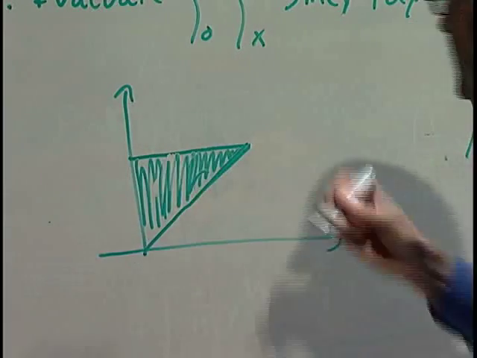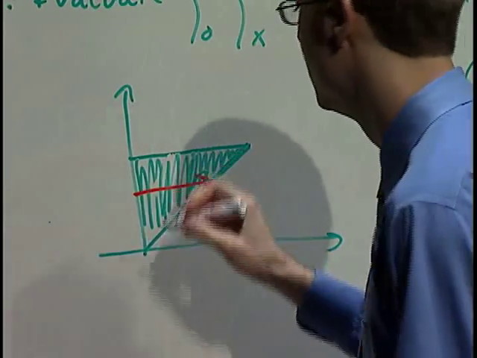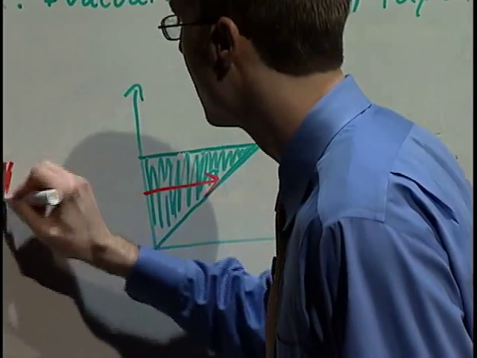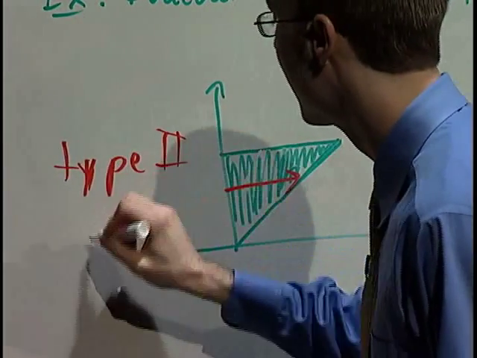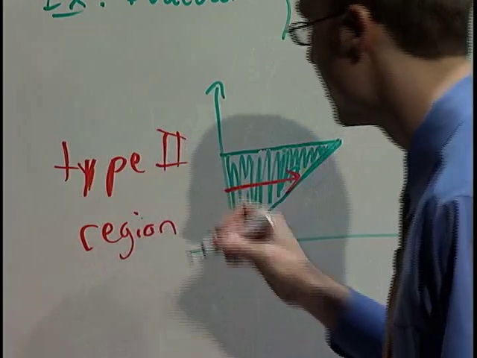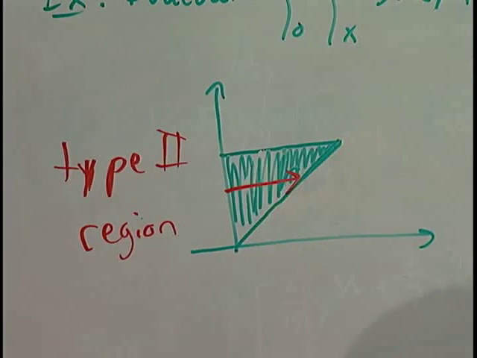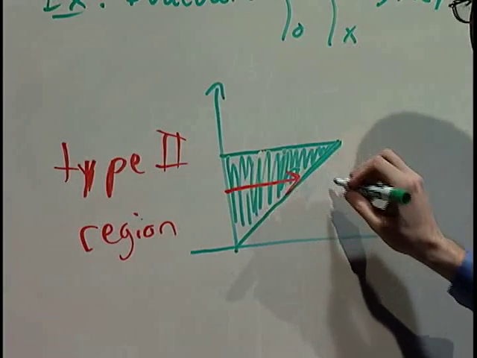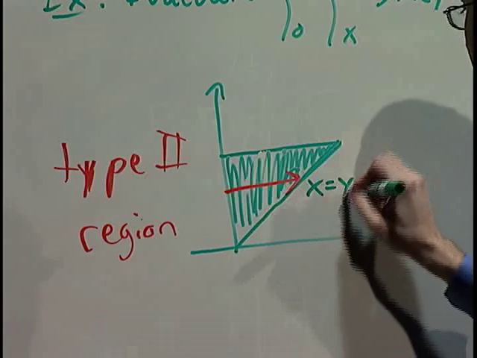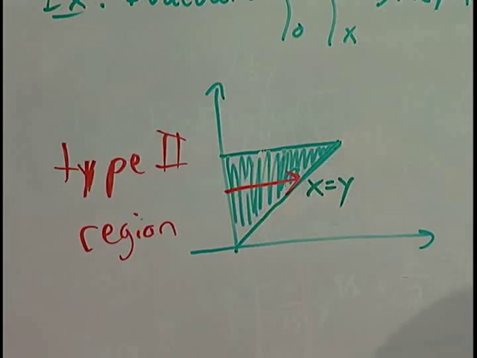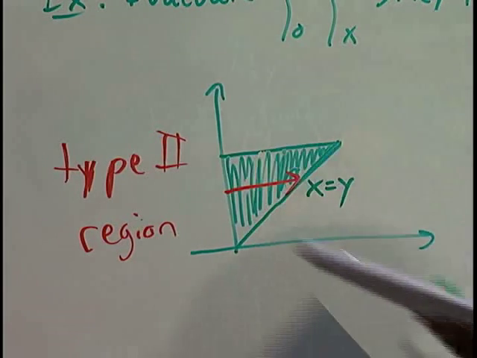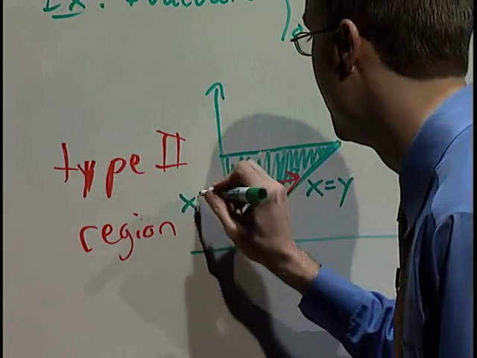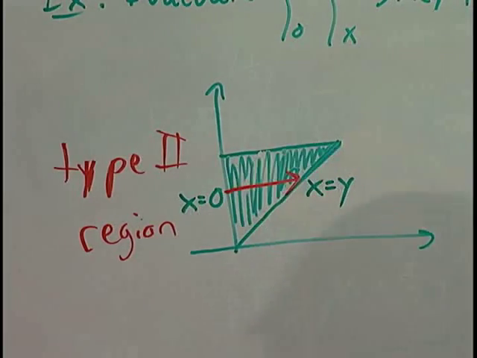So let's make this a type 2 region. And if that's the case, what are our limits of integration over here? That's x equals y, and this over here is the vertical line x equals 0. So those are our limits of integration there.